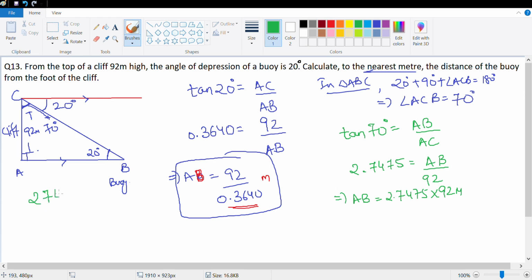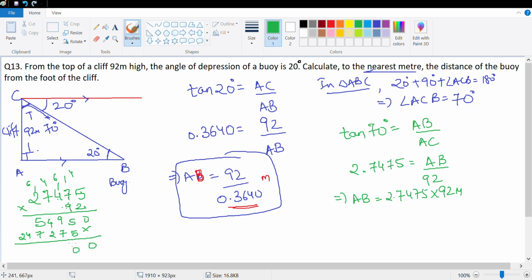So let's do this multiplication. 27475 multiplied with 92. That's 10. That's 14 plus 1, 15. That's 8 plus 1, 9. That's 14. And that's 4 plus 1, 5. That's 5 nines are 45. That's 7 nines are 63 plus 4, 67. 36 plus 6, 42. And 18 plus 6, 24.